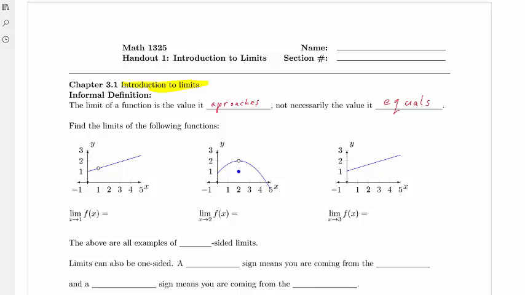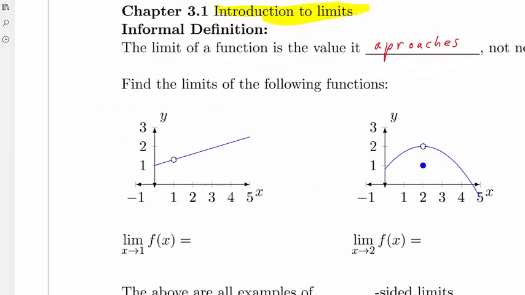All right, so back to the handout. Let's go ahead and take a look here at these examples. You can see the question being asked: what is the limit as x approaches 1 for our function f of x? What does this open circle mean?